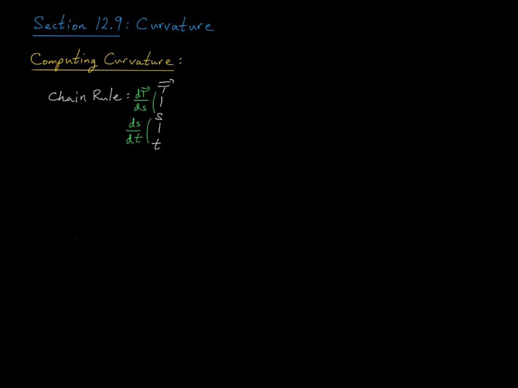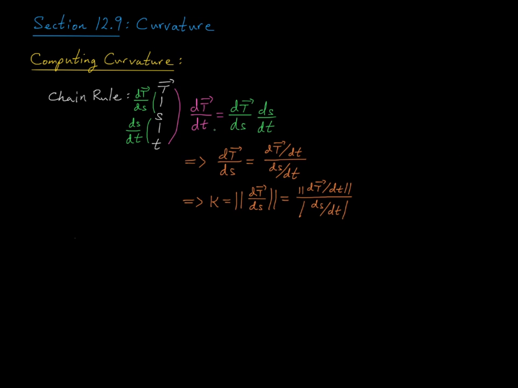And that arc length s depends in turn on time, t. So I can consider these intermediate rates of change, dT/ds and ds/dt, and the chain rule says that this rate of change, dT/dt, is equal to the product of these intermediate rates.